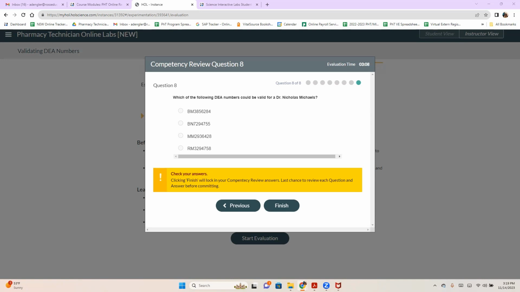We can eliminate R because that does not coincide with the right prescribing entity. So then we have B. We have BM and then BN and then the numbers. You don't actually need to perform any math here because we know that BN is going to be incorrect because the doctor's last name starts with an M.